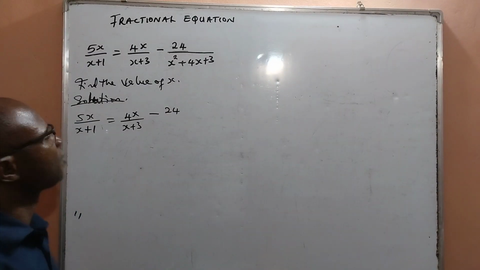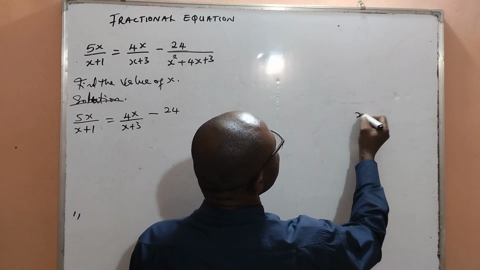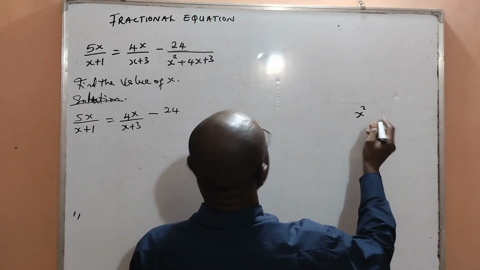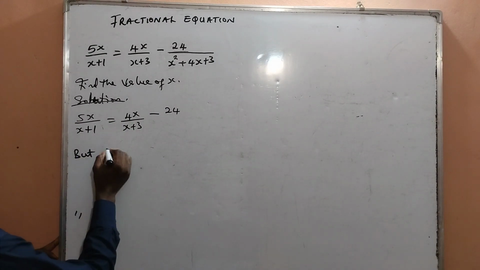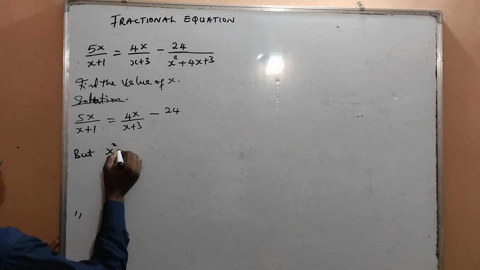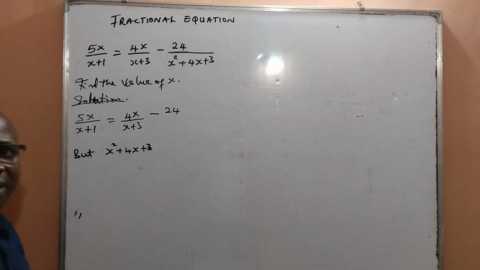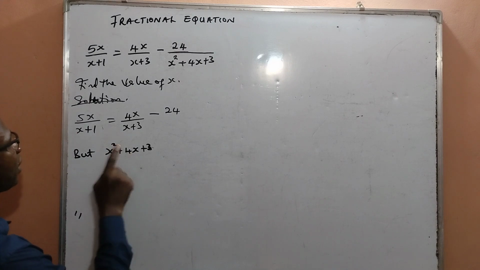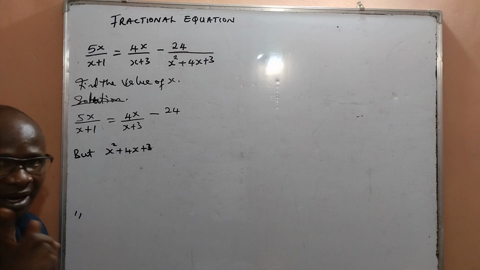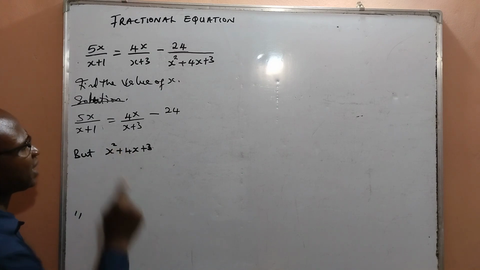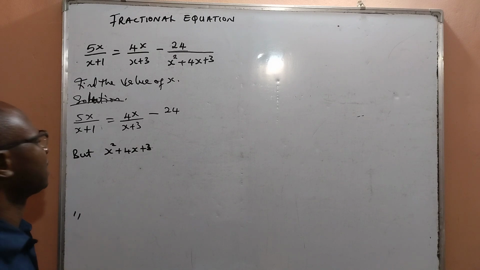factorize the denominator here, which is given to me as x squared plus 4x plus 3. It can be factorized thus. We look for two numbers that we can multiply to get 3, and when we add the same two numbers, we get plus 4.